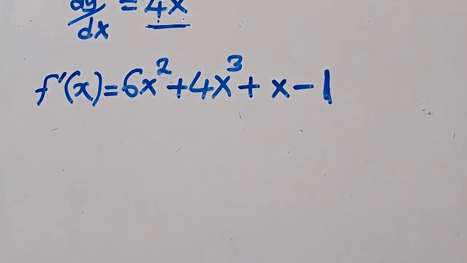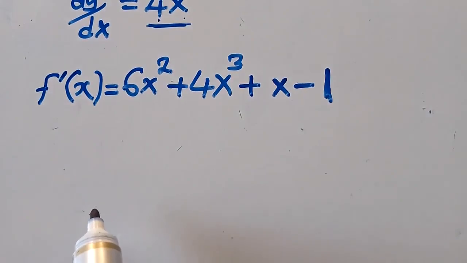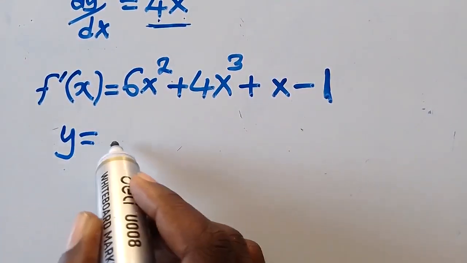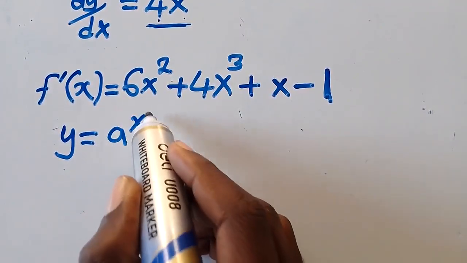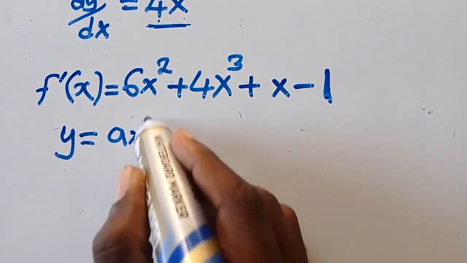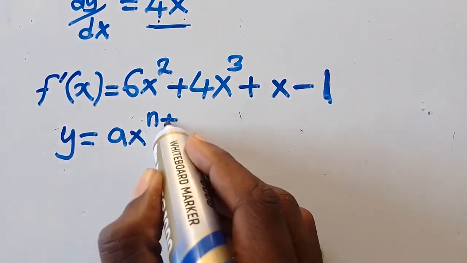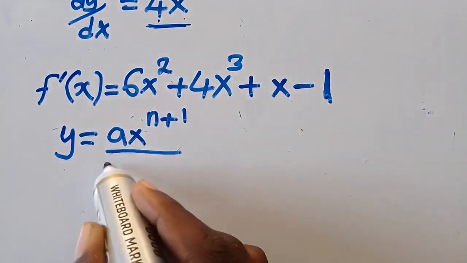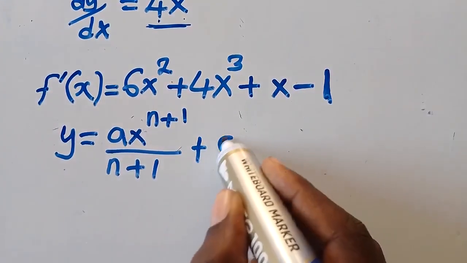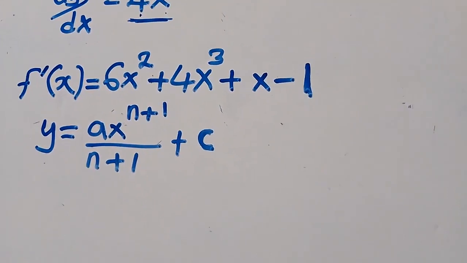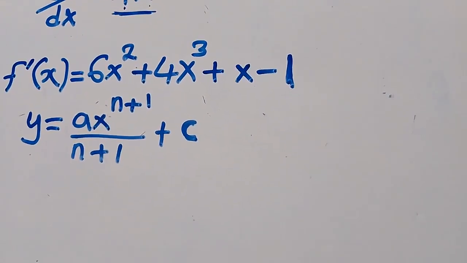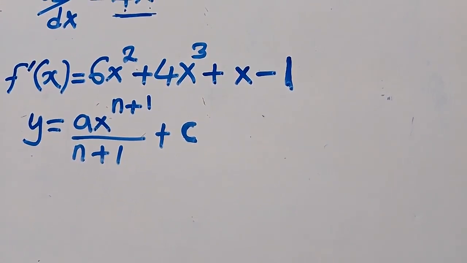So what you need to do now, you know the formula that you are going to use, which is y is equal to ax to the power n plus 1 over n plus 1. Then you include the c. This is the formula that you need to understand.